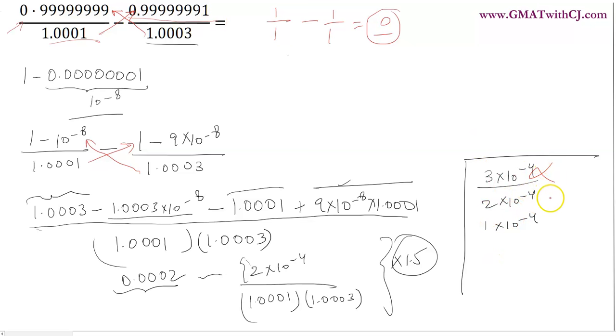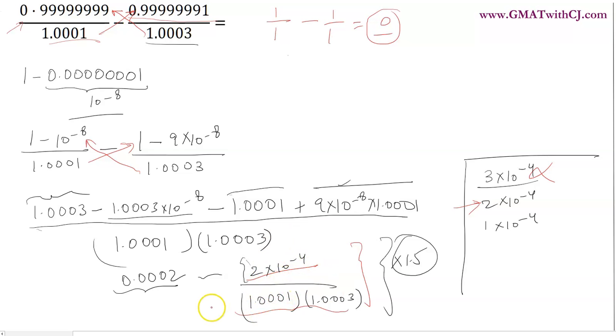Now let's look at 2 into 10 raised to minus 4. Yeah, this is very close to that. Okay, yeah, so this could be the answer. Now let's look at 1 into 10 raised to minus 4. So for this number to be 1 into 10 raised to minus 4, I'll have to divide this by 2, right? So that 2 can cancel out and I just have 10 raised to minus 4 in the numerator.